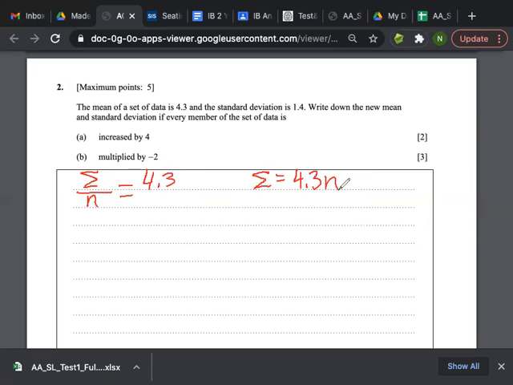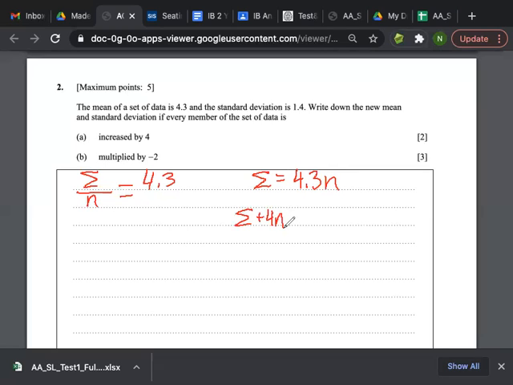If I increase every number by 4, how does that affect the sum? 4n. The sum is going to be the original sum plus 4n.